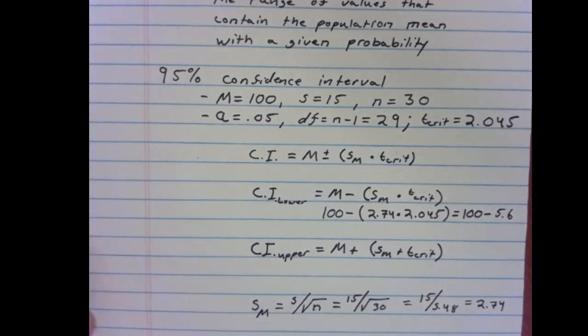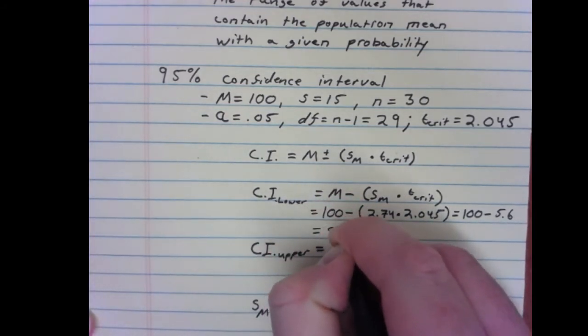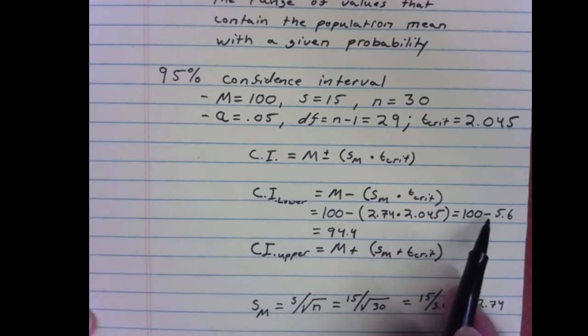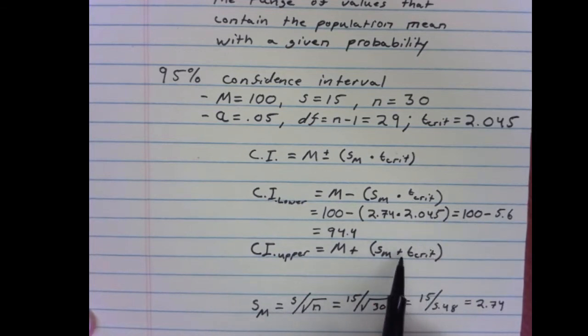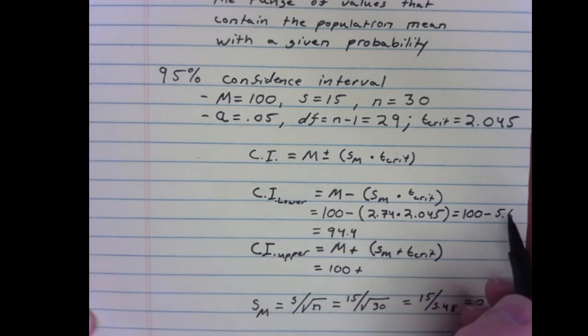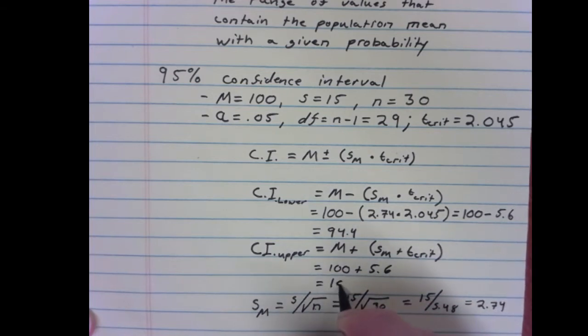So 100 minus 5.6 gets us 94.4 for our lower limit of our confidence interval. And for our upper, recognize that you actually already did this math right here, so you can kind of just cheat a little bit. 100 plus 5.6 gets us 105.6.